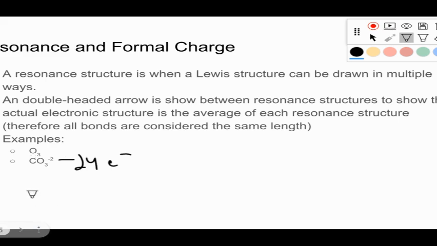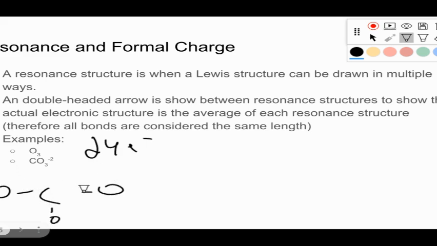C is going to be my central atom, so I'm going to put it in the middle. Two, 4, 6. I'm going to fill from the outside in. So I've got 2, 4, 6, 8, 10, 12, 14, 16, 18, 20, 22, 24.